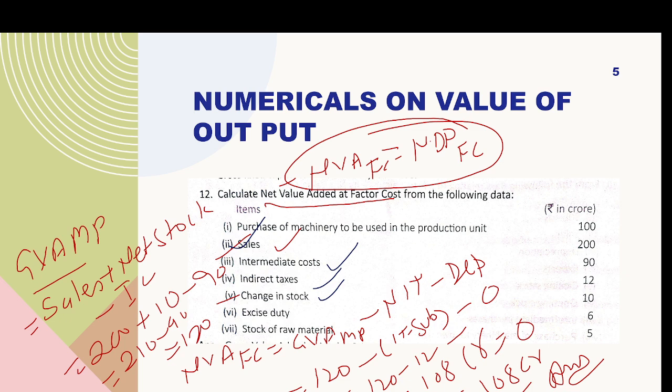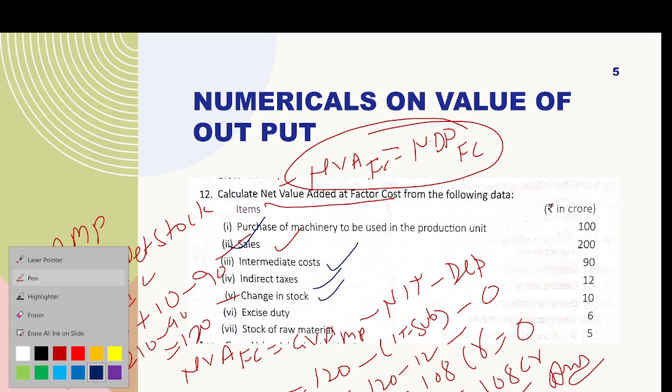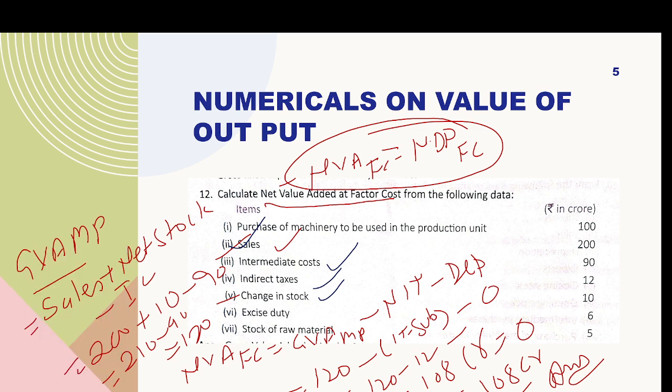These only are used, and the remaining has been left. So while finding out national income, the value of output, the gross value added or NVFC, first select which are to be added and which are to be rejected, because this is very important thinking.